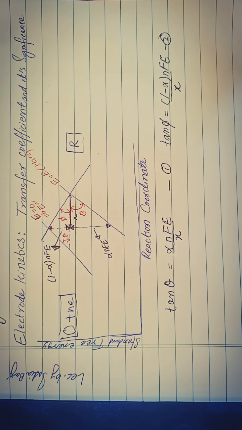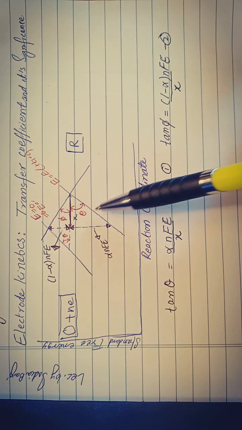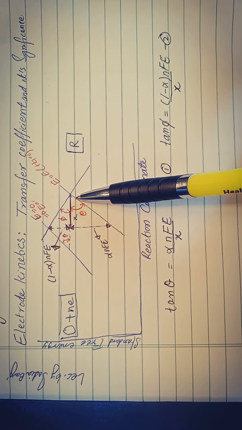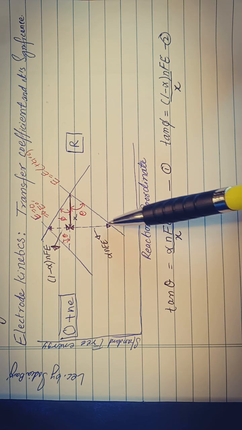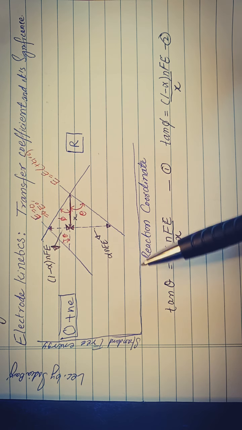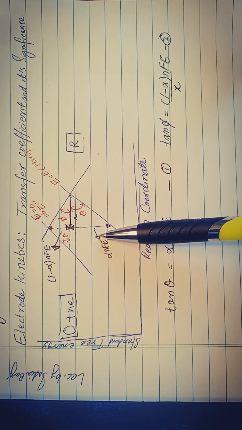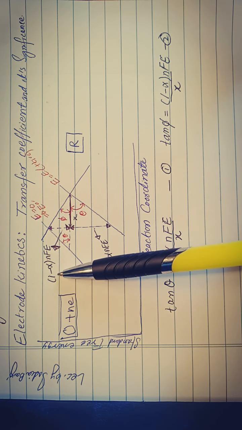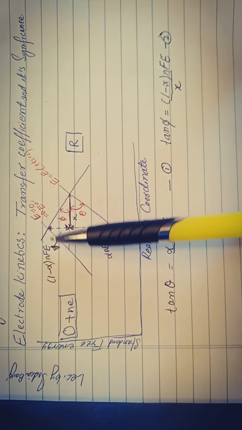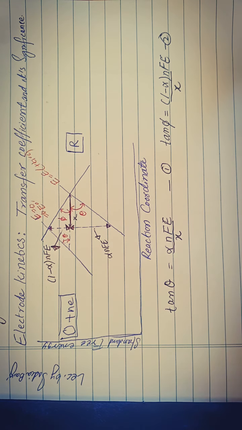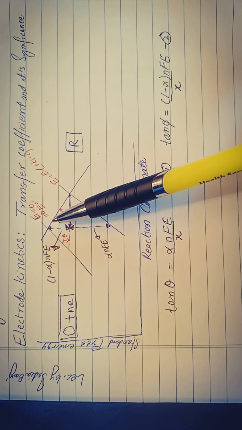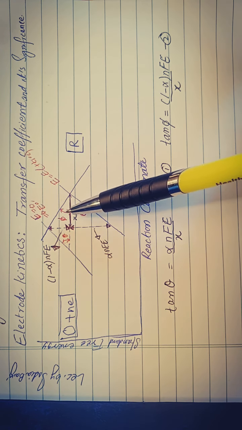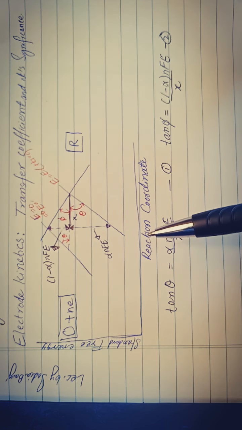In both cases, this length is acting as the base, whereas the fractions of energy, that is alpha NFE and 1 minus alpha NFE, are considered as the perpendicular for these two triangles containing the two angles.